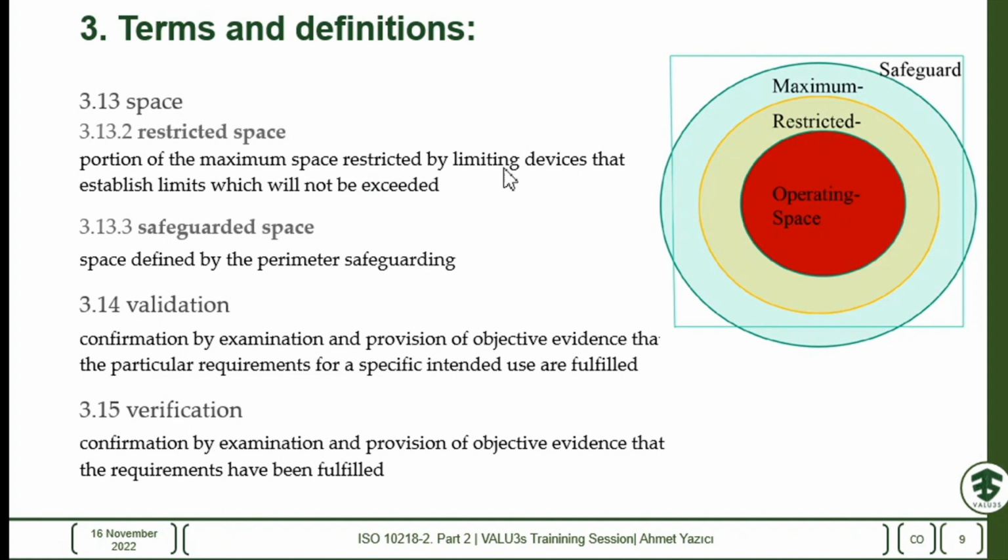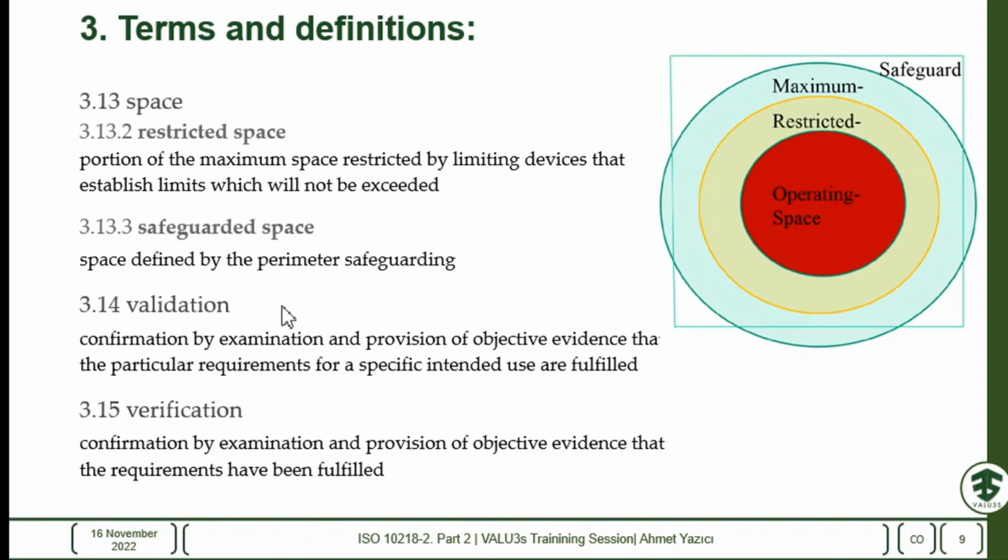Actually, I want to underline the limiting device here, because the limiting device can be mechanical or non-mechanical. So in our project, and during this presentation, we focus more on non-mechanical limiting devices. Also, the safeguarded space is defined by the perimeter of the safeguarding.